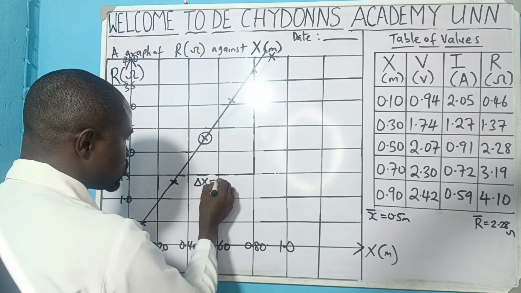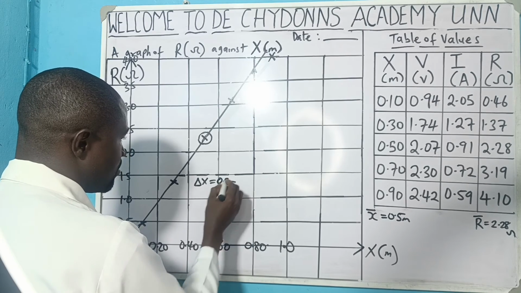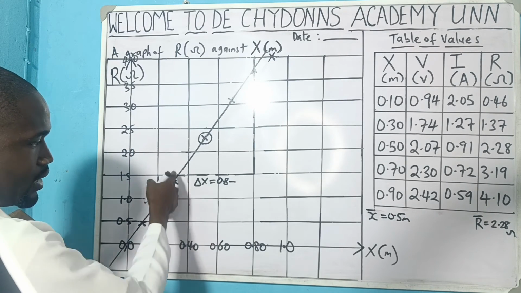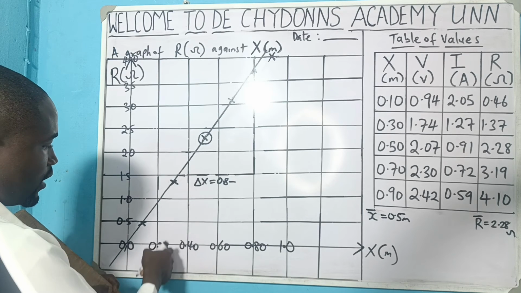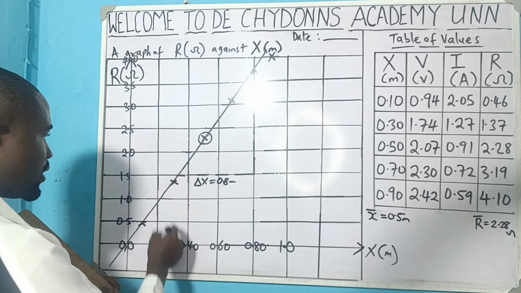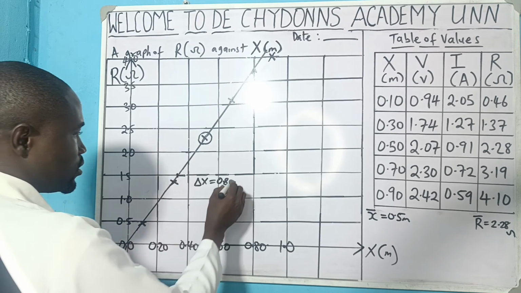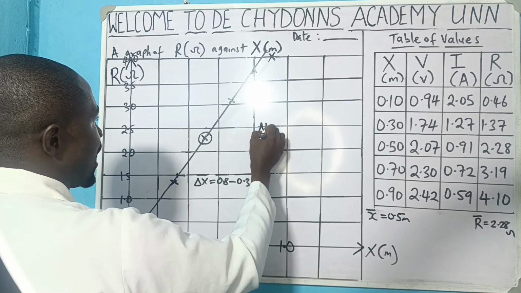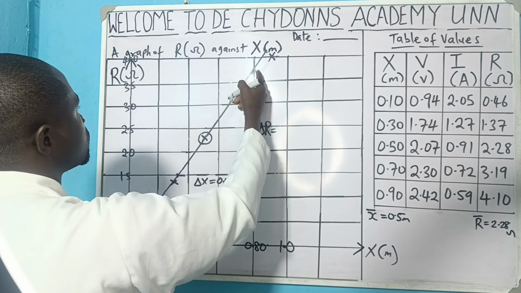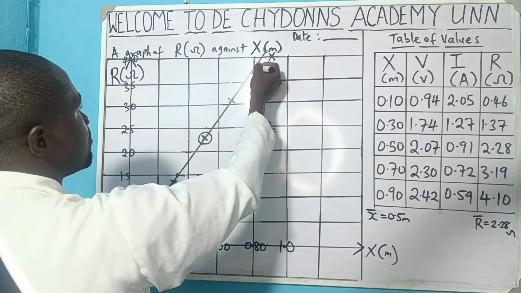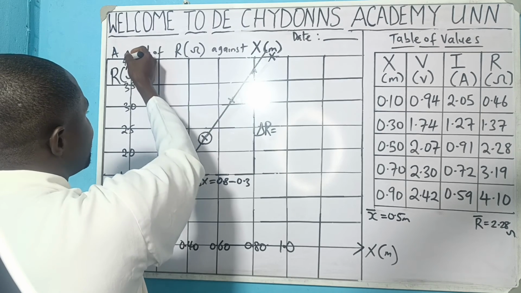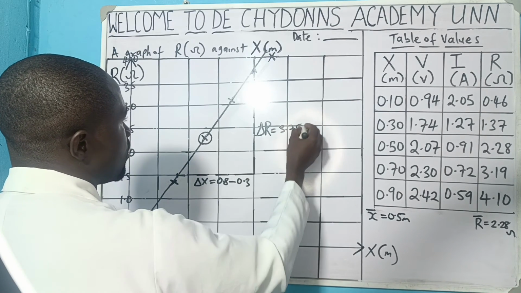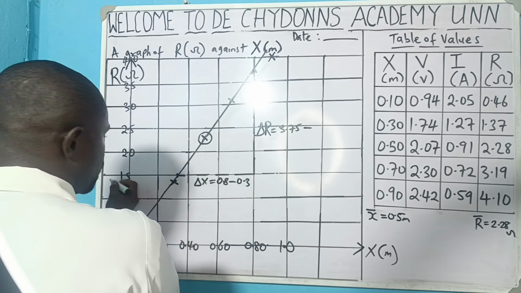You take it out: 0.8 minus the lower value, which is about 0.3. Then here, the change in r is equal to, here is in between 3.5 and 4, so you have 3.75, minus 1.5.